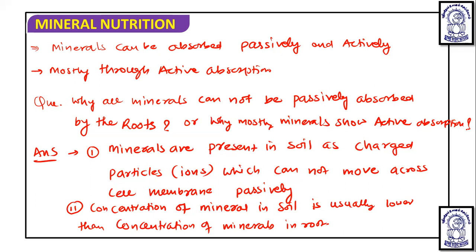Now, after understanding why they are actively absorbed into the epidermal cells, we have understood that there are two methods, passive absorption and active absorption. So how this takes place, we have to understand.